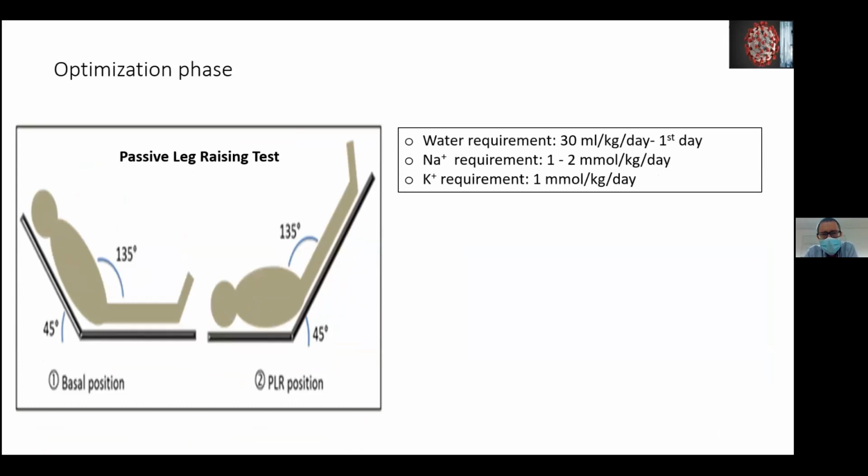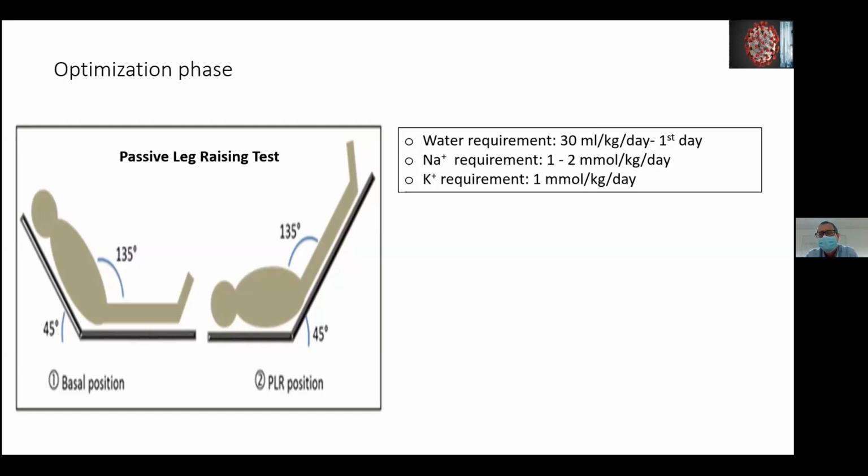Then in the optimization phase, it means you managed to rescue your patient. Now you have to move wisely with your fluid. How do you do it? Initially, you have to set a daily requirement for fluid that normally oscillates between 30 to 40 ml per kg per day. Normally, to keep it clear and avoid memorizing too many numbers, you can use 30 ml per kg per day the first day.